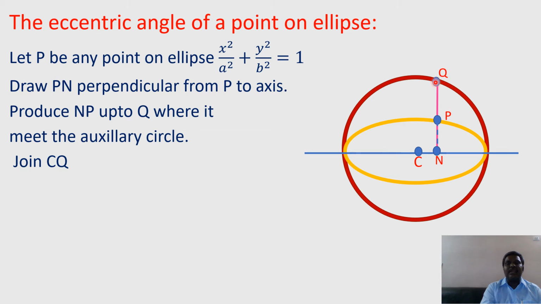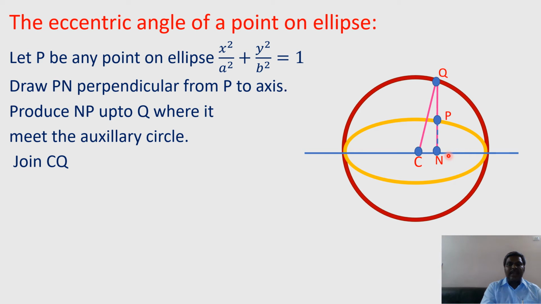Again join C to Q, as shown in the figure. This is CQ. So we have an angle theta. Suppose this is theta. What is that? Angle QCN.